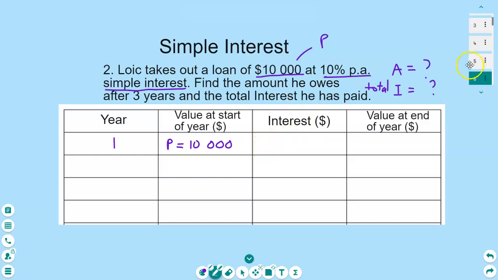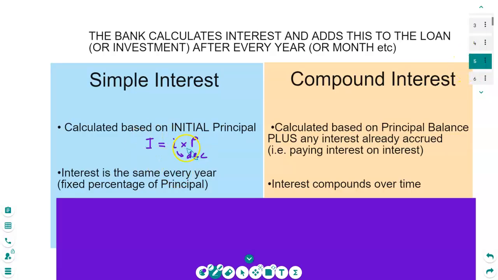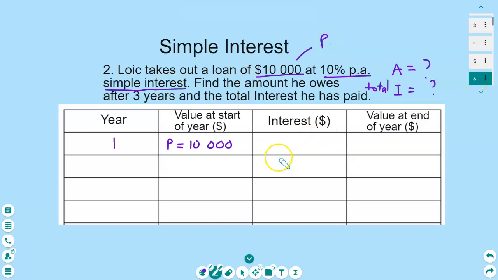So back here we saw that the interest was little I times P for simple interest. So I'm just going to do that. We only need to do one little calculation for this, which is nice. So the little I, that's another thing we've got to do, is convert this percentage to a decimal. So 10%.